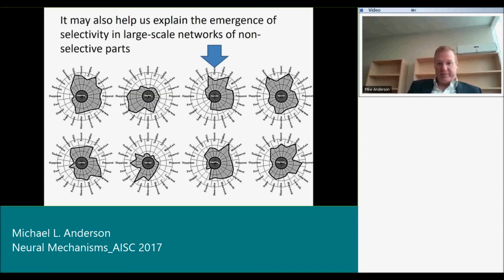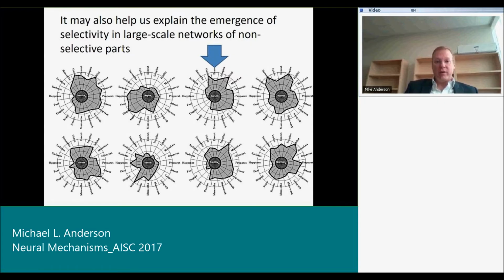And what I want to suggest, and this is something that is amenable to both theoretical and empirical investigation, and this is one of the things that I'm working on these days, is that understanding things in terms of constraint may well help us explain how selectivity emerges in large-scale organizations of non-selective parts. But the idea is quite simple. You'll have realized this already.